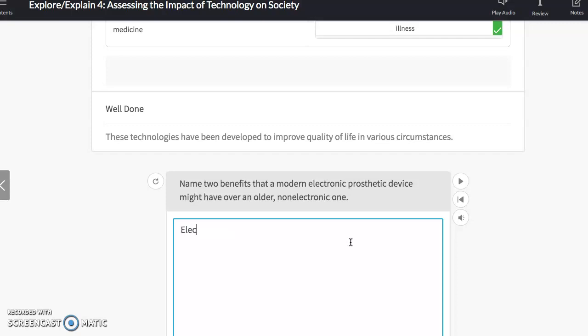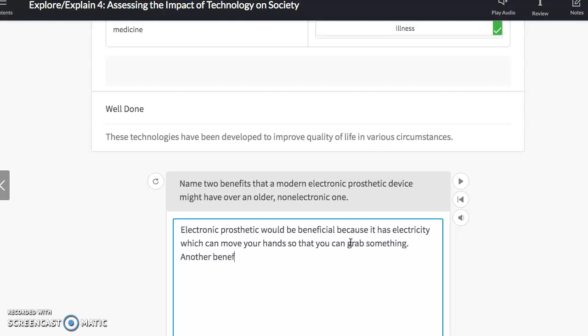So the electronic prosthetic would be beneficial because it has electricity, which can move your hands so that you can grab something.